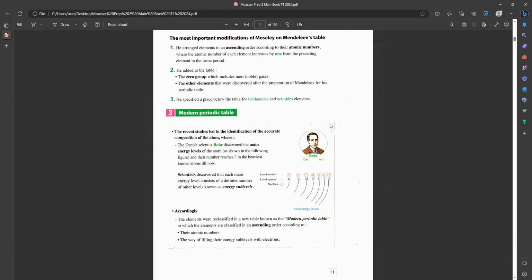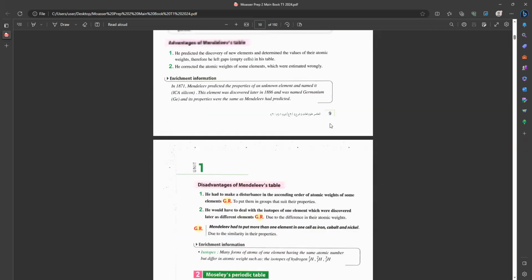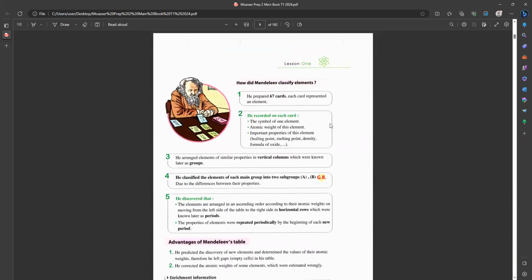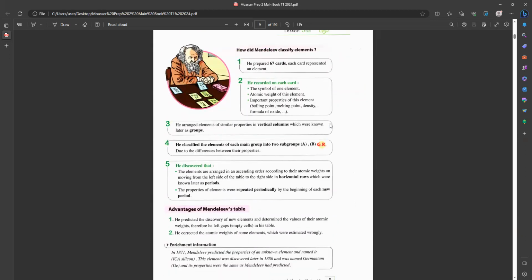So he prepared 67 cards, putting the name of the element, its symbol, and atomic weight, and arranged the elements that have similar properties in a vertical column, and called this a group.